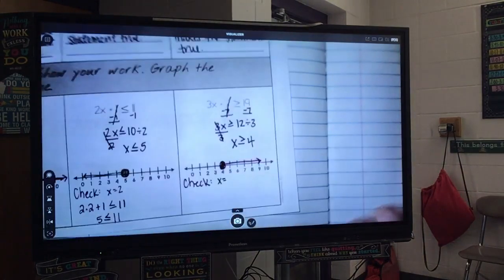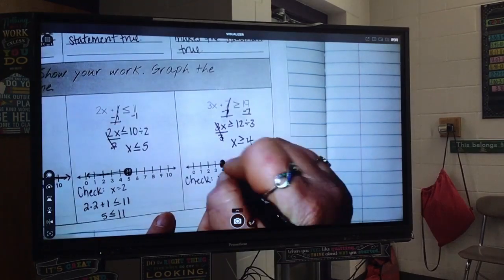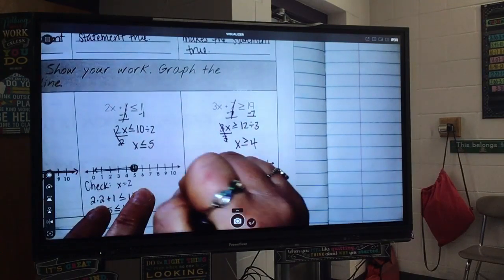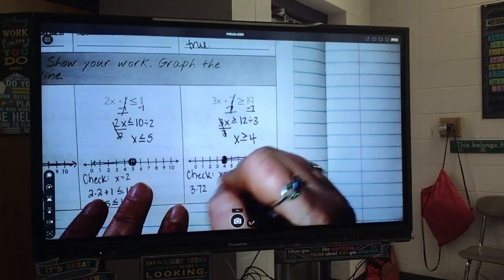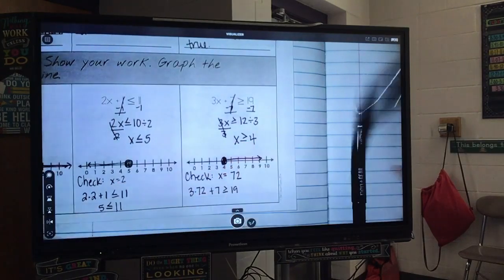Alright, Hunter, give me a value for x. 72. Okay. So we're multiplying by 72. That's what your classmate picked. That's a lot. 3 times 72 plus 7 is greater than or equal to 19. Please raise your hand when you have 3 times 72.